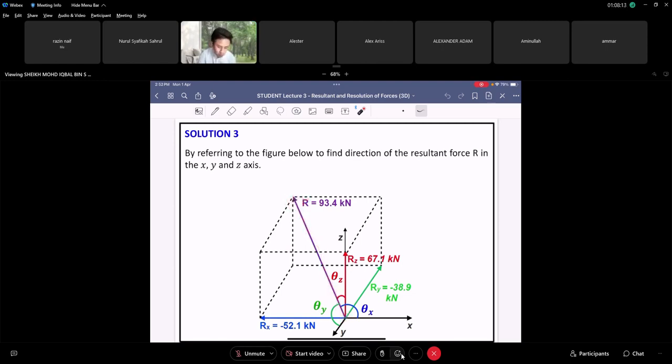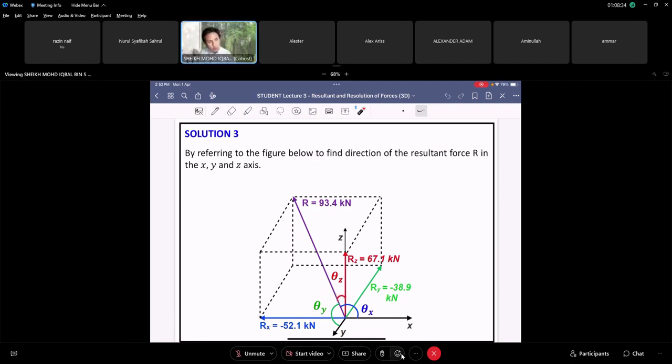And then once you draw the resultant force, your theta x will be from the resultant force that you have drawn to the x-axis, and theta y is from the resultant force to the y-axis, and theta z is from the resultant force that you have drawn to the z-axis, right?